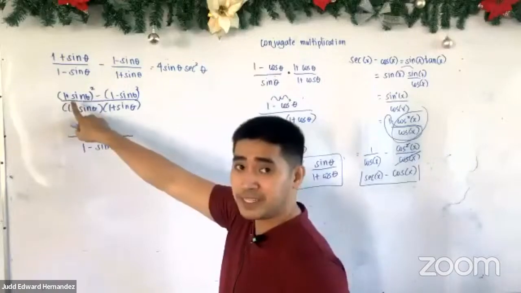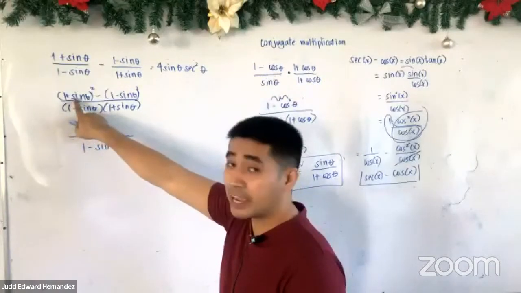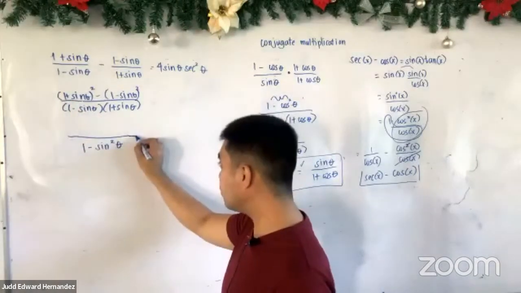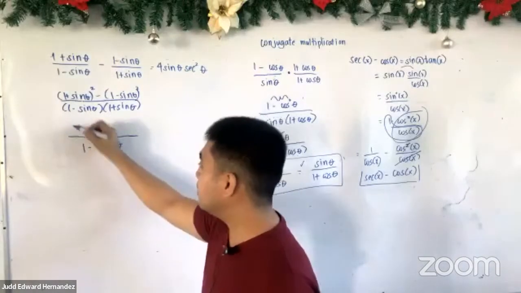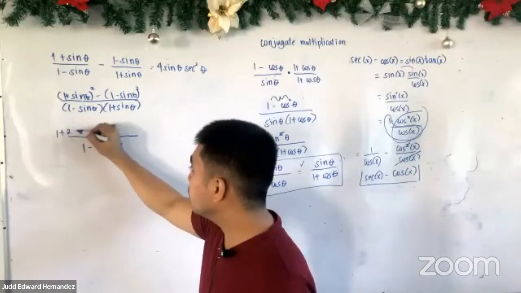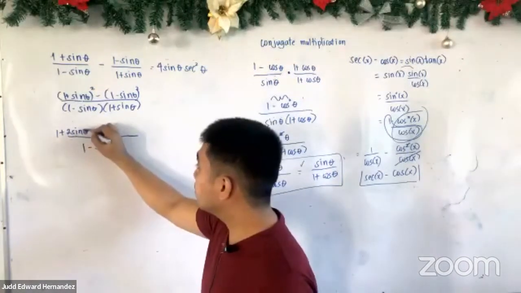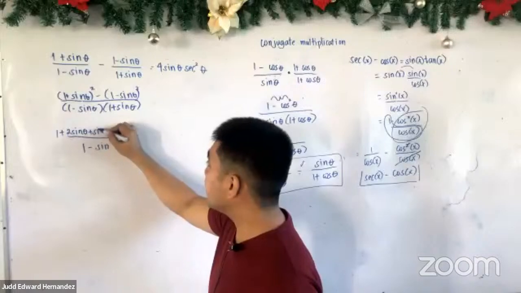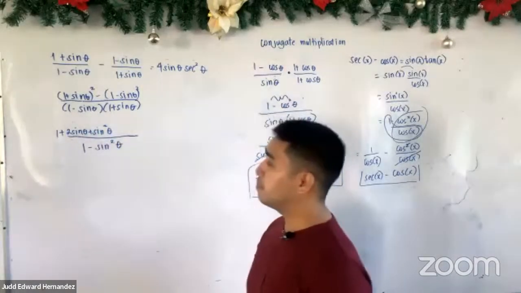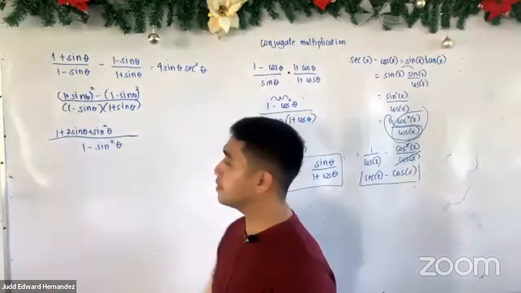Yung denominator, ito. Okay. Could you please help me by expanding this one? Pwede nyo din naman ako hindi tulungan. Okay, this becomes 1 plus 2 sine theta plus sine squared theta. Tama po ba? Is this the expansion of the first term?